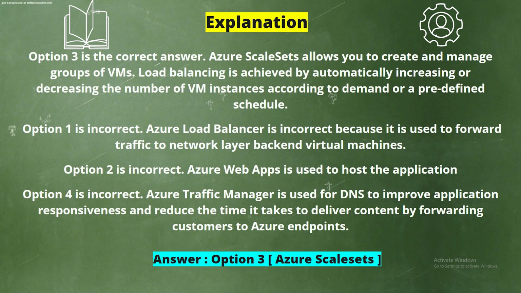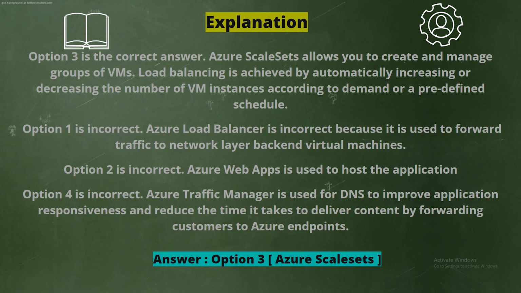Option 2 is incorrect. Azure Web Apps is used to host the application. Option 4 is incorrect. Azure Traffic Manager is used for DNS to improve application responsiveness and reduce the time it takes to deliver content by forwarding customers to Azure endpoints.